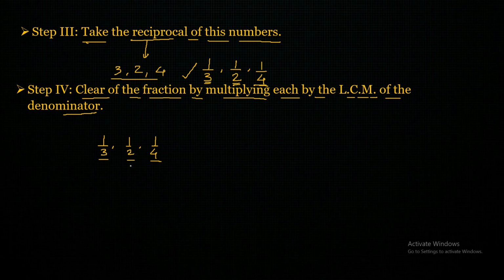So obviously we know that 12 is the LCM of 3, 2 and 4. 4 का, 2 का और 3 का LCM कौन है? 12 है. We will multiply by 12 to these 3 numbers. Means it will look like this: 1 divided by 3 into 12, 1 divided by 2 into 12 and 1 divided by 4 into 12.